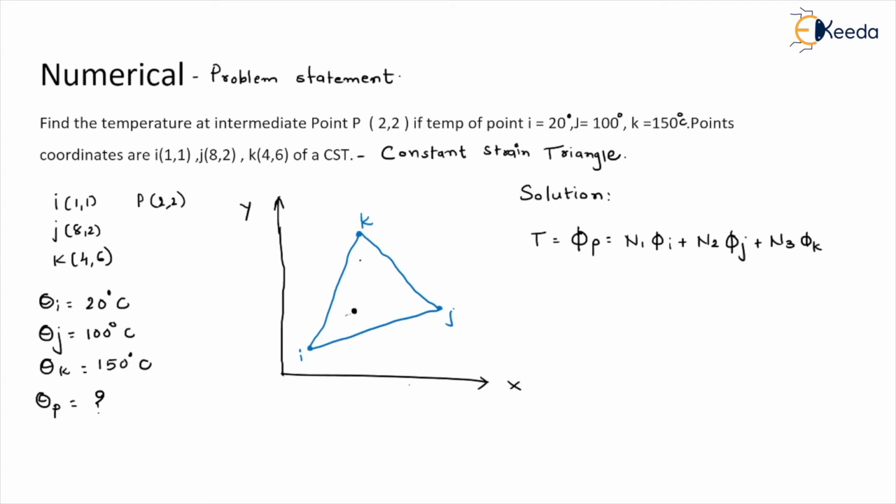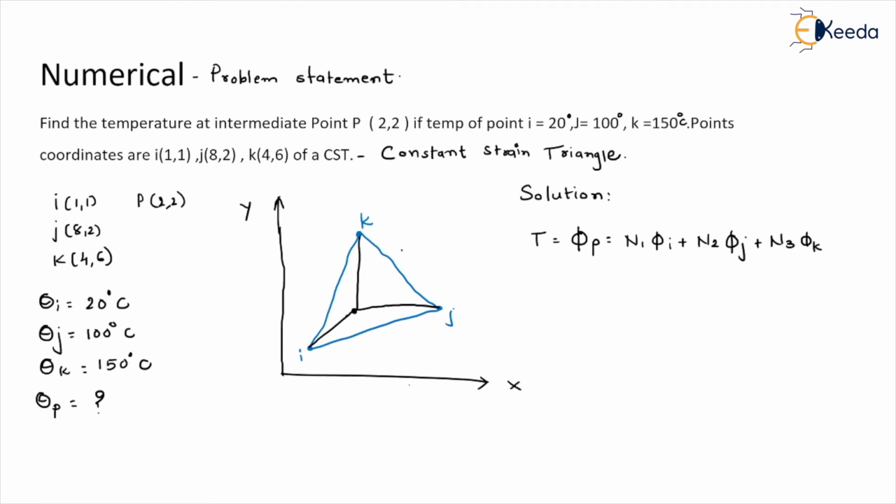Now first we need to convert this problem into areas of triangles. As per the geometry, you can say the area of this triangle is the summation of the areas of these three triangles.